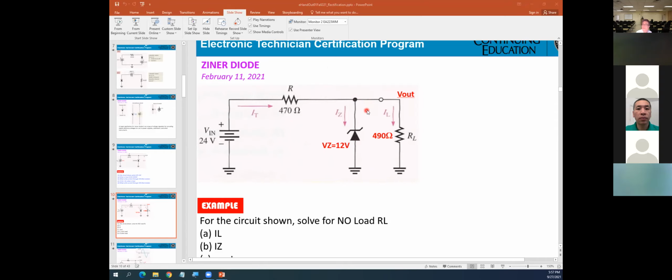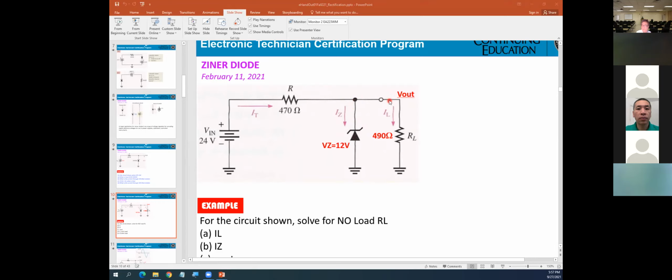So now, first thing you have to know is what the voltage is here. In order to know, look like we remove that Zener. We don't have this symbol. Then what voltage here?